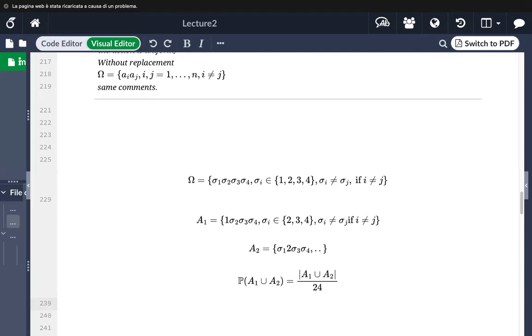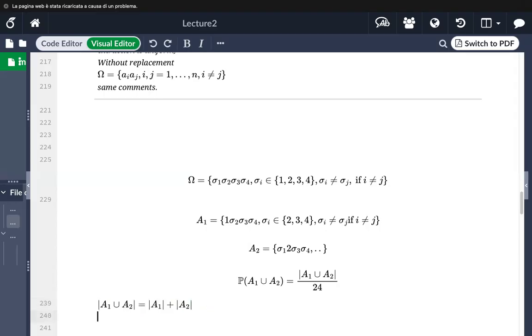But counting the number of elements in A1 or in A2, what do we do? Well, we can simply sum the number of elements of A1 plus the number of elements of A2, but here we are overcounting. Why? Because there are some elements which belong to both A1 and A2.